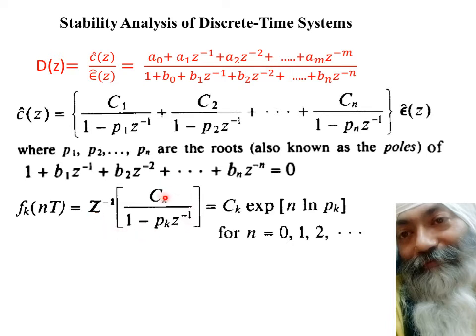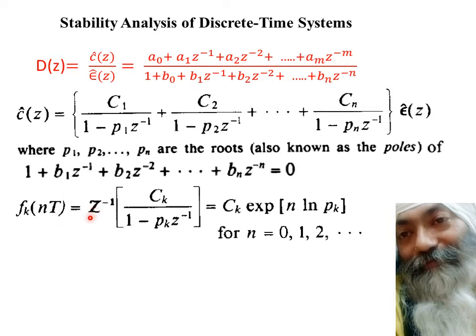This k can be anything. The n is the sample; n can be 0, n can be 1, n can be 2, and so on. So this is the general expression for the output in the time domain for any of the samples.